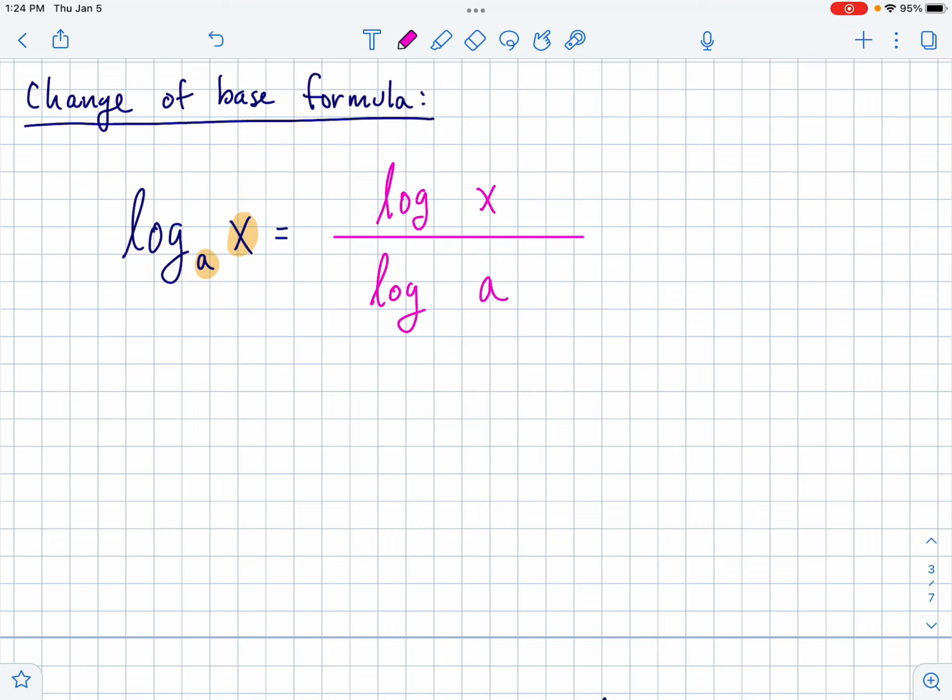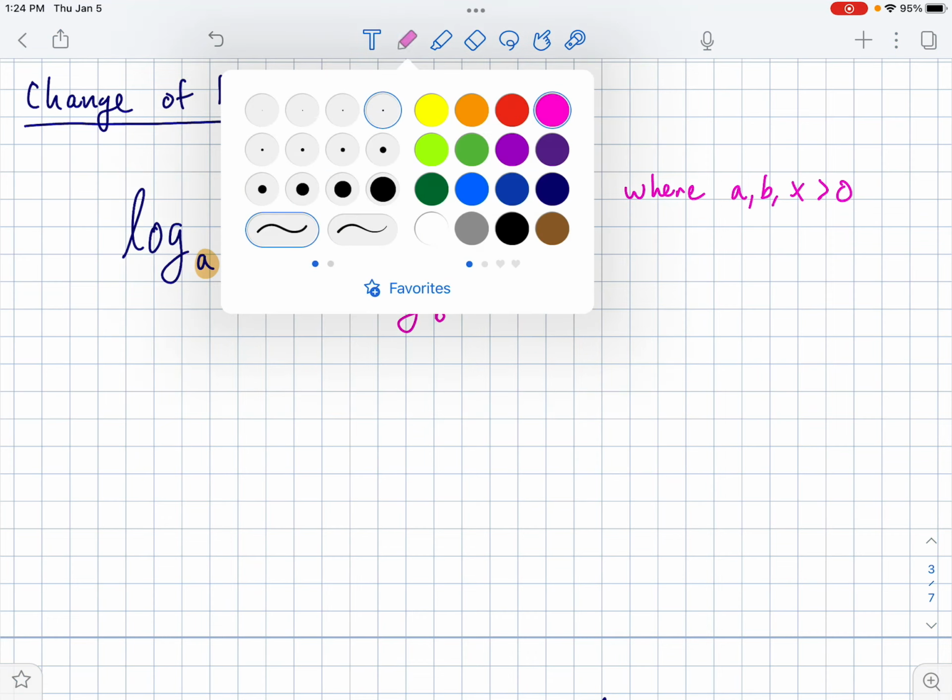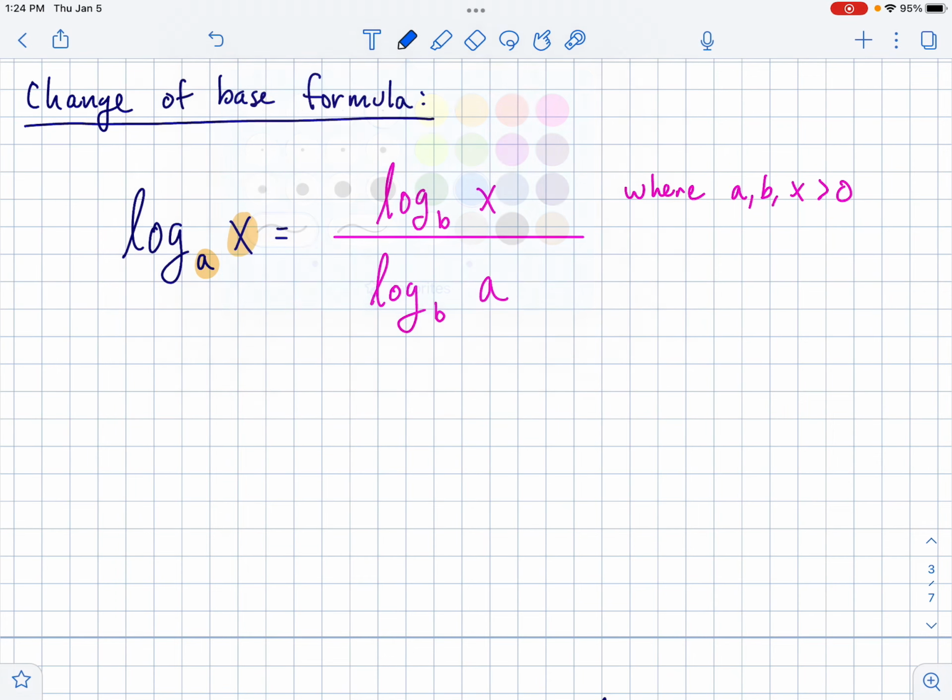Now the base on this one can be anything we want it to be. So this is where a, b, x are all greater than 0. These are all positive numbers. But the cool thing about the change of base formula is that you can change it to any base that you want.